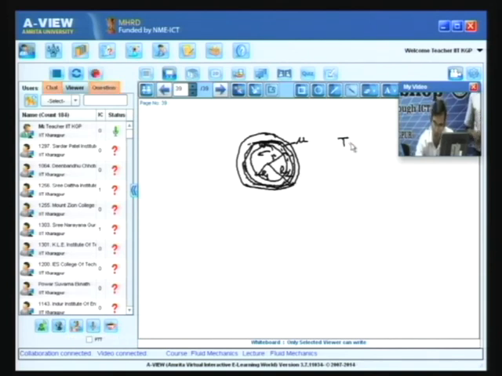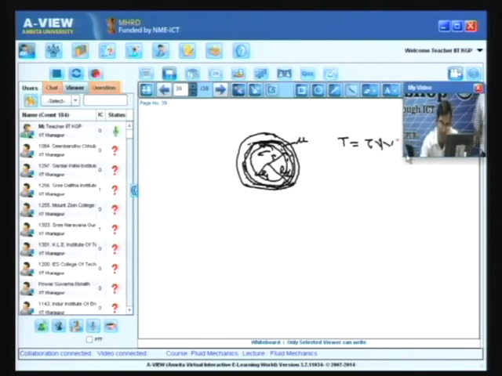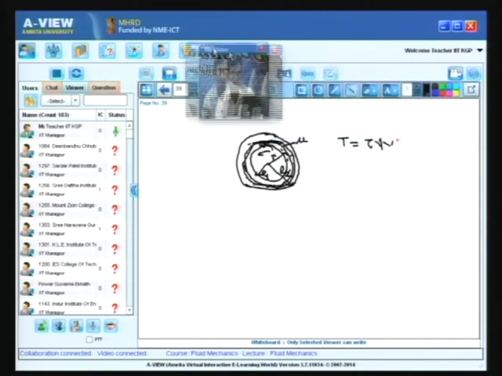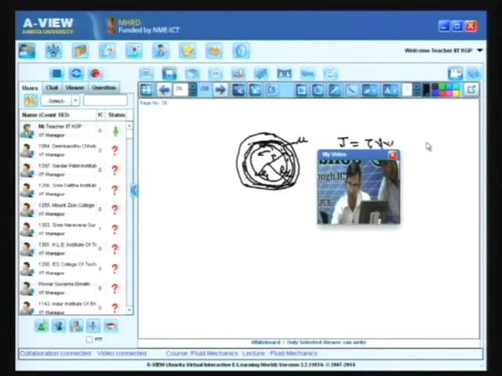Then what is the torque? Torque is nothing but the shear stress times the elemental area. What is the elemental area? This is 2 pi r L, where L is the length of the cylinder, and r.